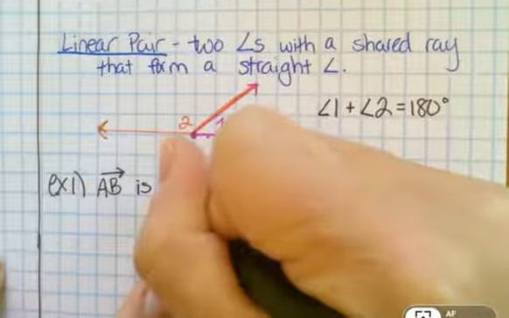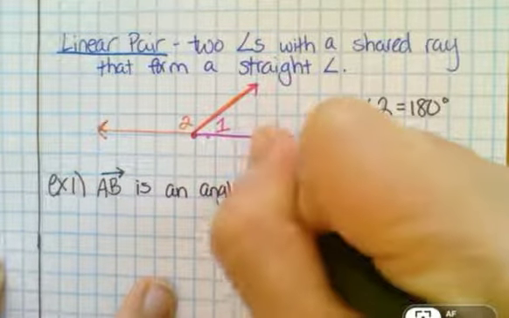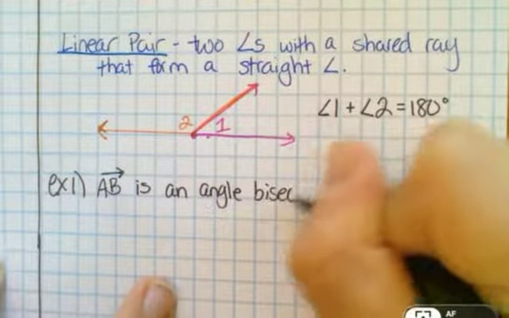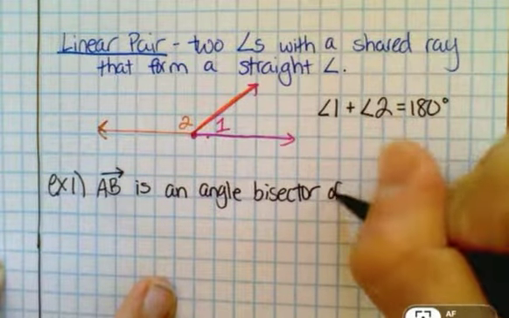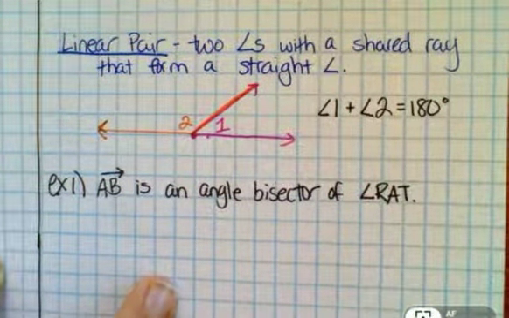Ray AB is an angle bisector of angle RAT. You're welcome.